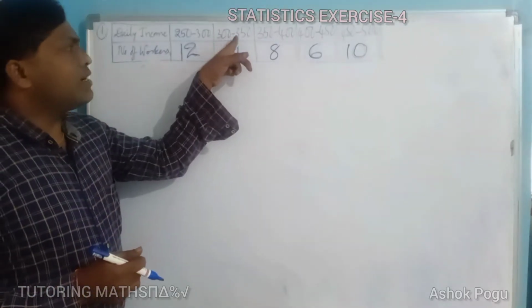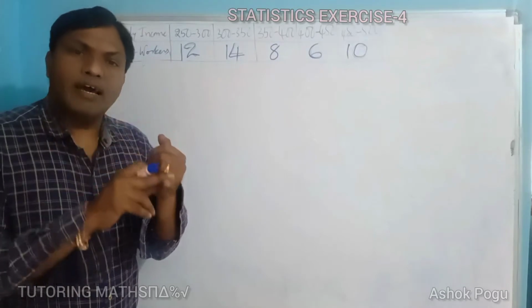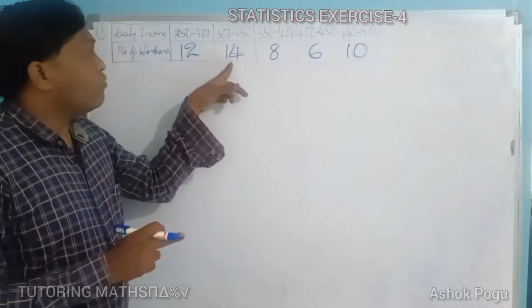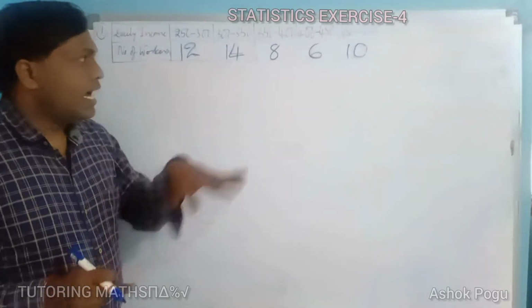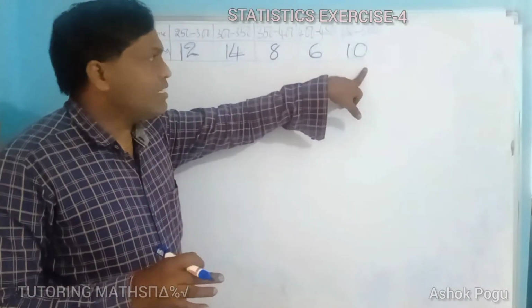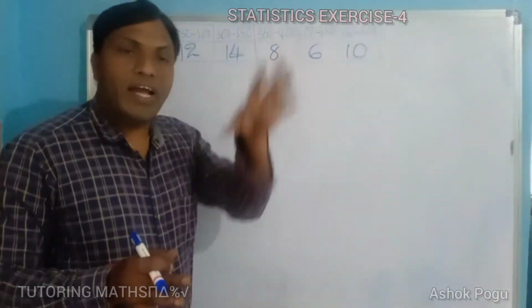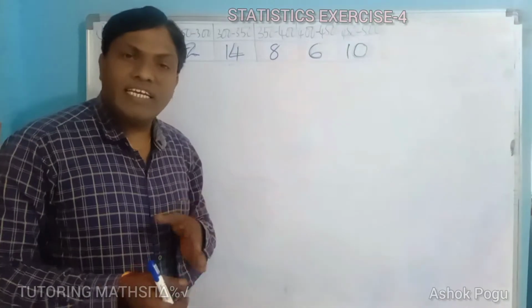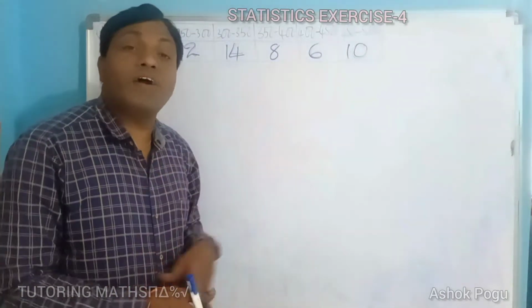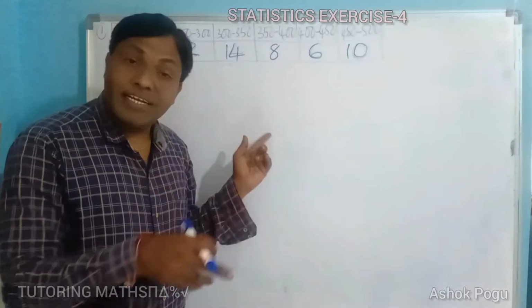Daily income 300 to 350 rupees is earned by 14 workers, and 10 workers are getting daily 450 to 500. This is the given raw data. You classify the data and prepare the table.